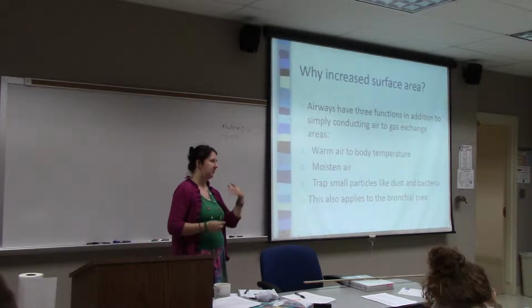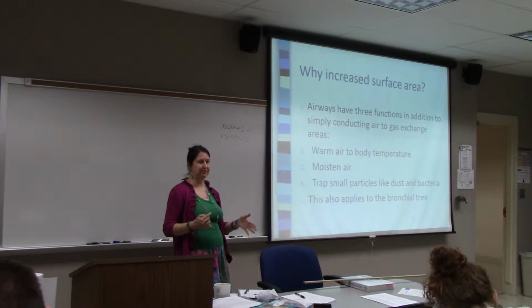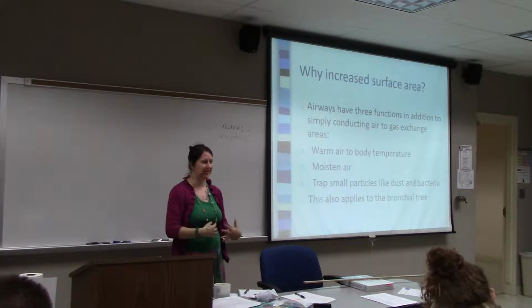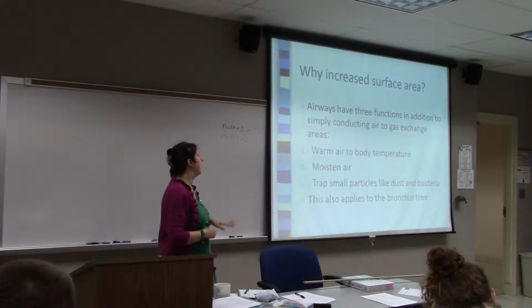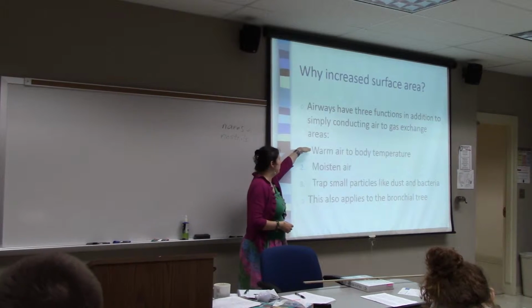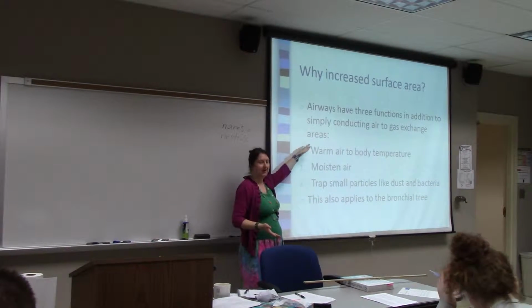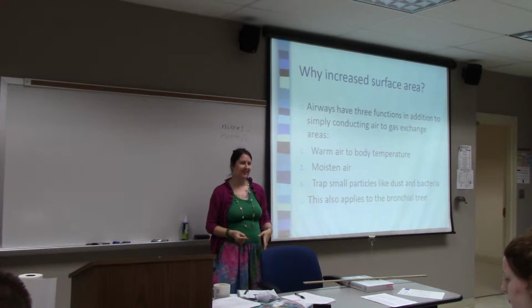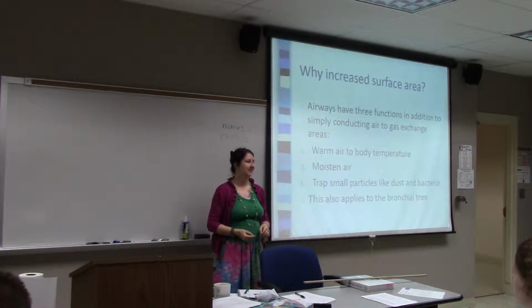The reason for the increased surface area: all of the airways obviously have the job of conducting the air from outside to the gas exchange areas of your lungs. But they have 3 additional functions. One of those is to warm the air to body temperature, because what's right in the middle between your lungs? Heart.